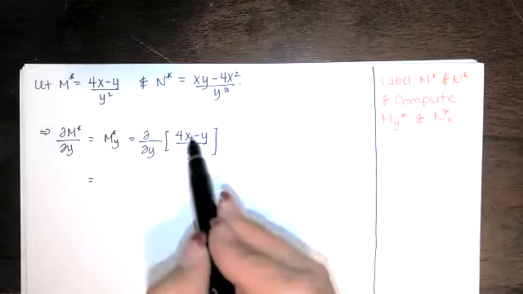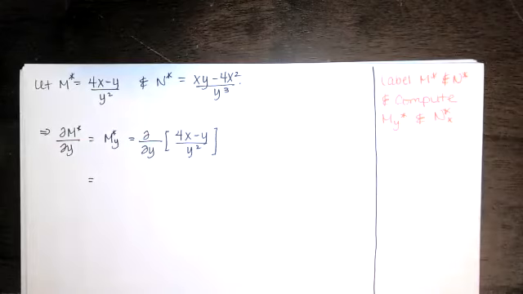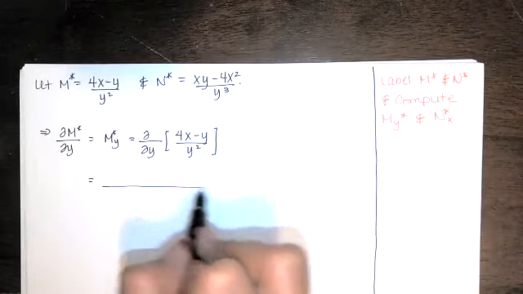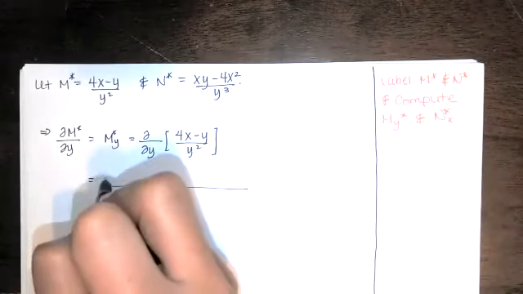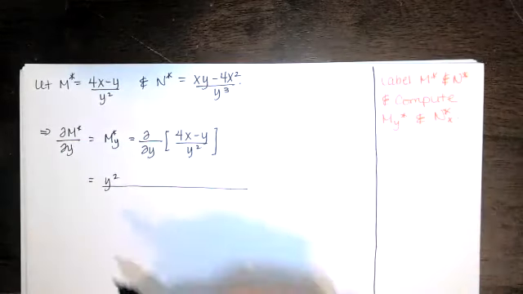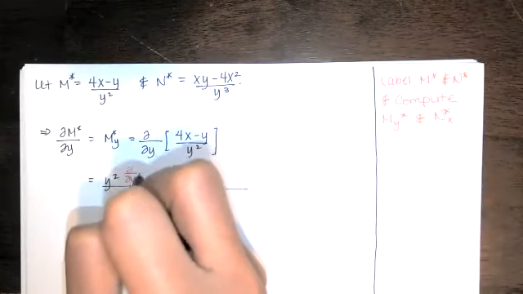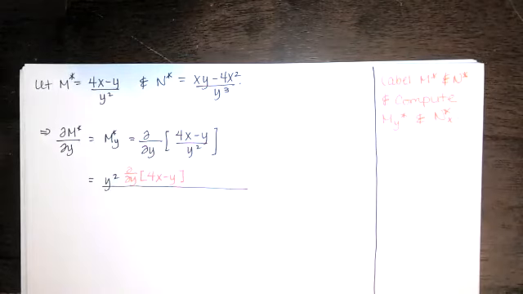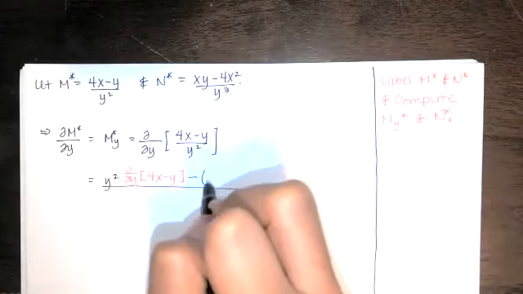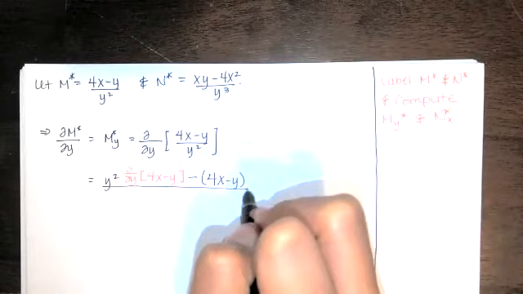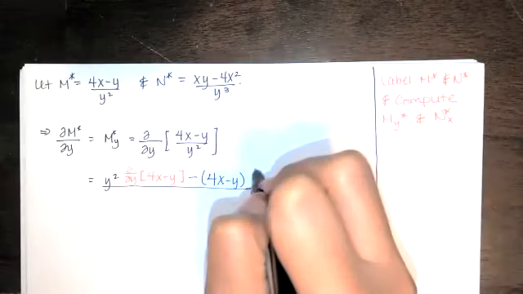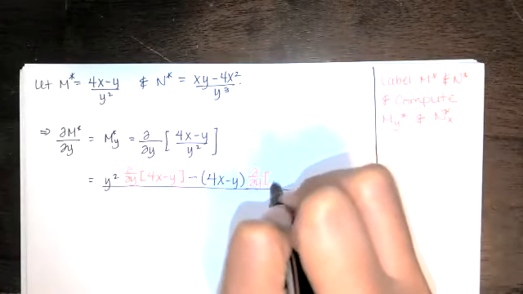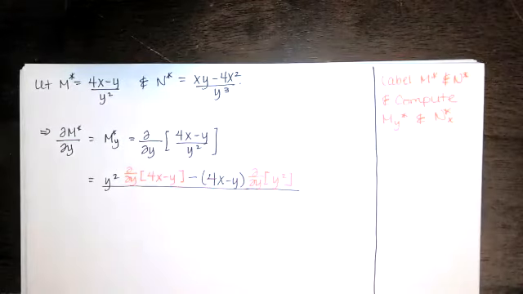Since I've got a quotient here and the numerator and denominator both depend on y, I'll use the quotient rule. So we do the bottom function times the derivative of the top function with respect to y, treating x as a constant. You'll probably remember from Calc 1, that's low d high minus high d low, all divided by low low.